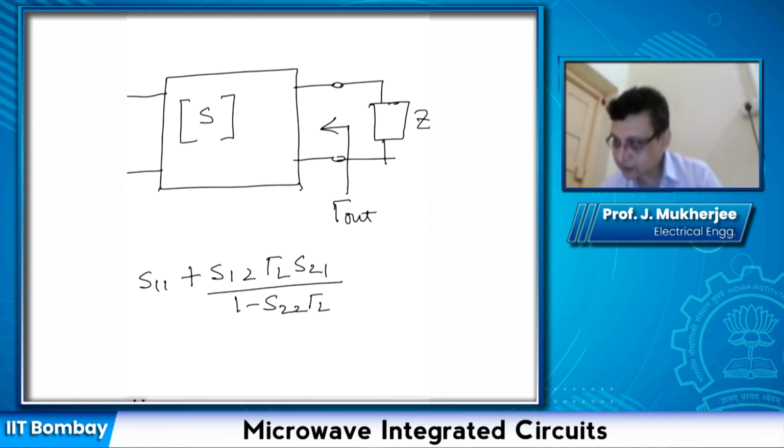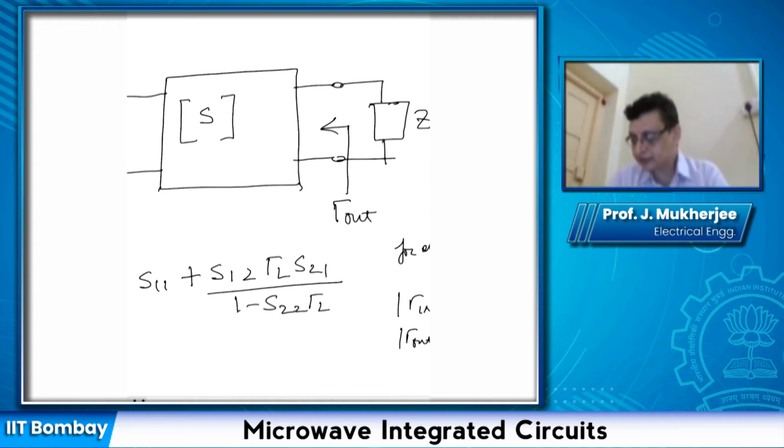The condition was that for all gammas, the modulus is lesser than 1. This is the condition for stability, right?